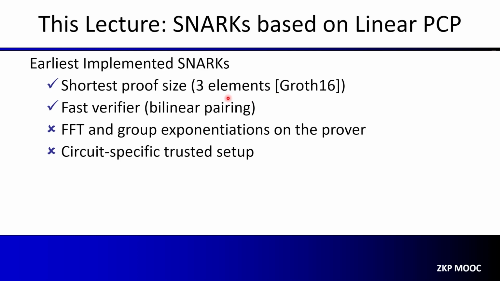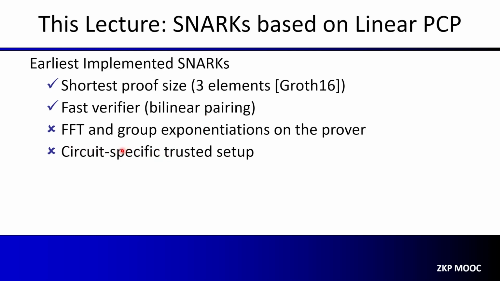That's actually the shortest proof size among all the SNARKs we are learning in this course. For a similar reason, these SNARKs also have very fast verifier time. Again, in this construction of Groth16, the verifier only needs to check one pairing equation using 3 bilinear pairings. In practice, it only takes less than 1 millisecond to do it.